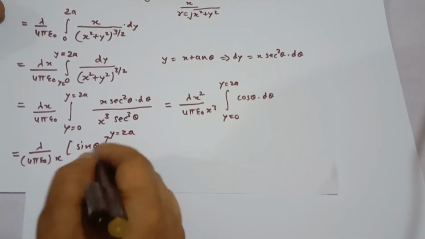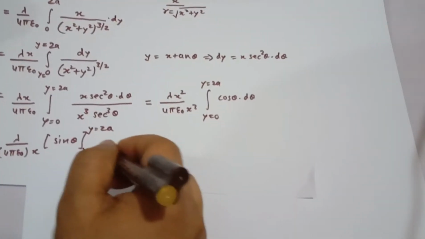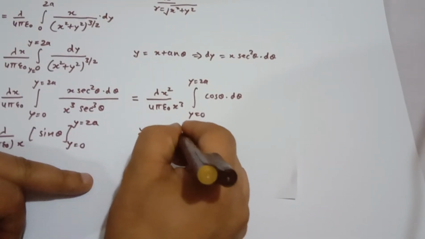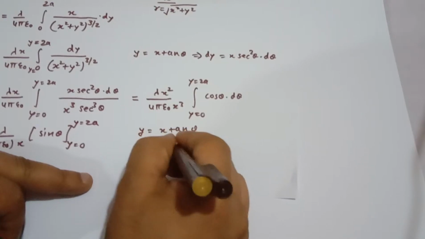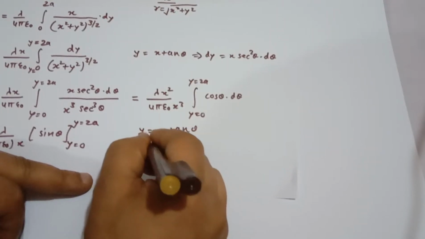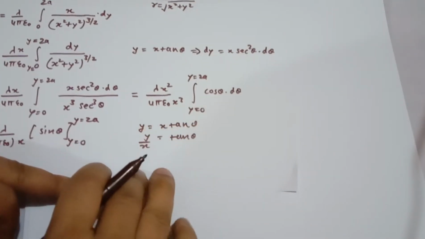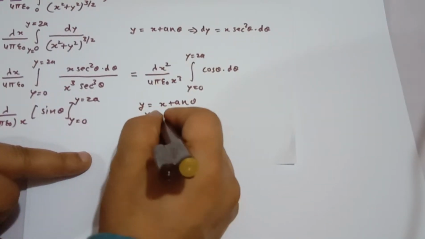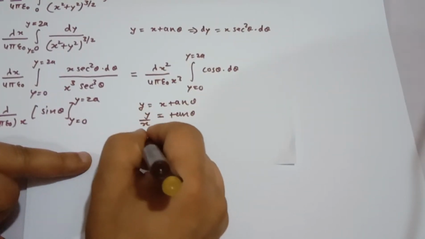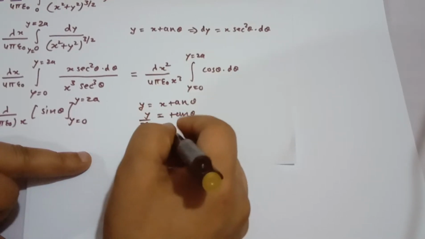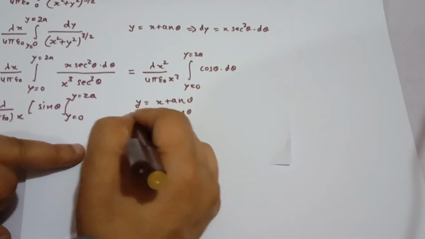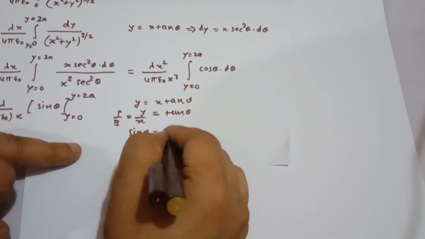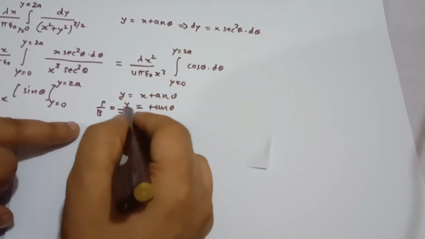So theta can be written as, because we know that y is equal to x tan theta, right? So tan theta is y upon x. Very simple. So sine theta should be, because tan is perpendicular by base, sine theta should be perpendicular by hypotenuse, and the hypotenuse would be from this.